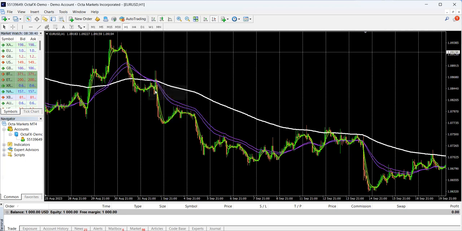So when both are under EMA 200, we are looking forward to the place where both the green and violet linear moving averages cross each other below the EMA 200, and then we take a sell trade.